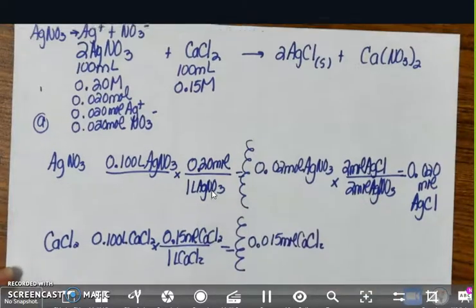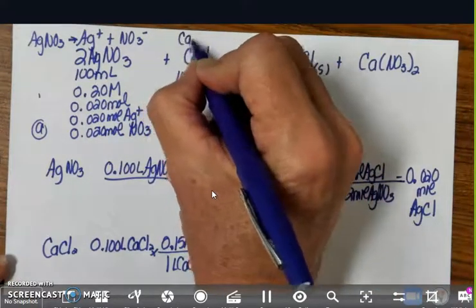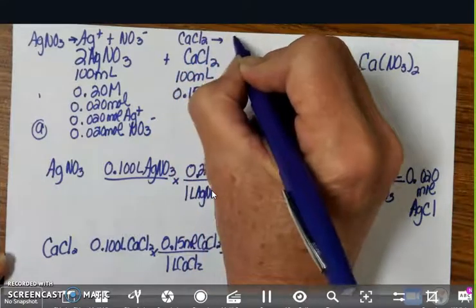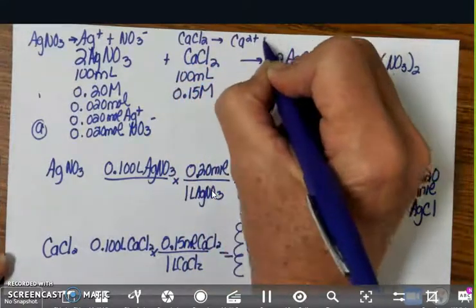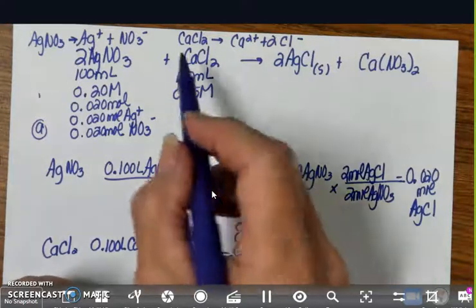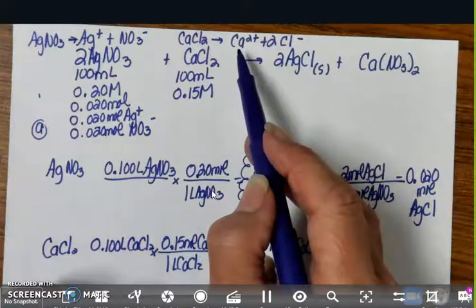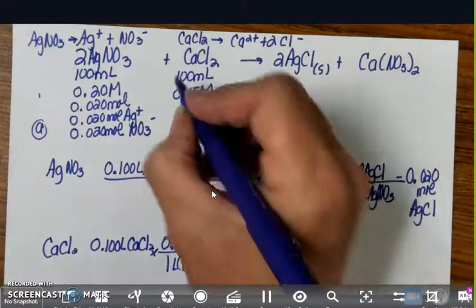Okay. Now this can be handy. I know, I'm going to put this up here, that calcium chloride goes to 1 Ca2+ and 2 Cl-, doesn't it? Yes. So if I have 1 mole of this, or 0.015 moles of this, how much calcium am I going to have? 0.015.